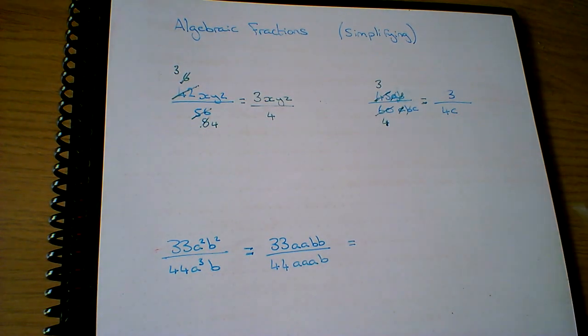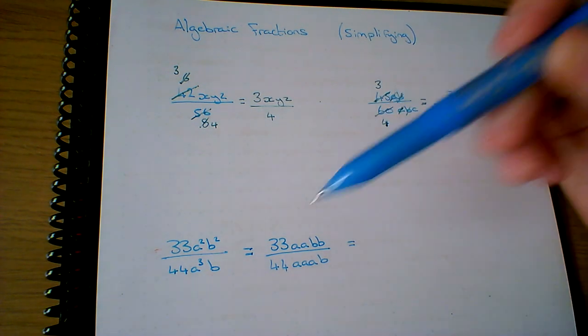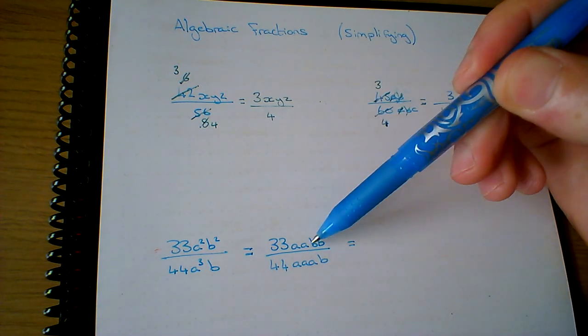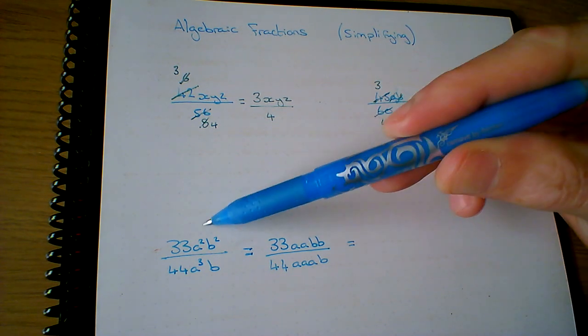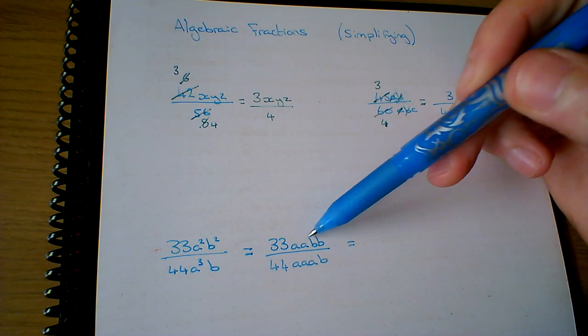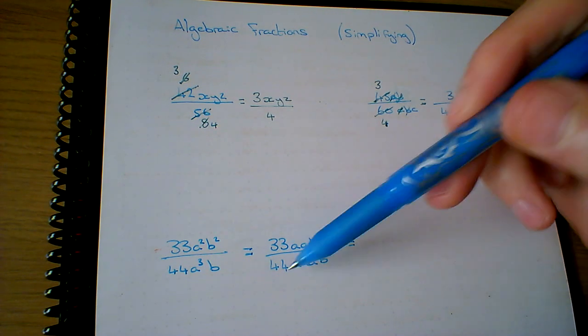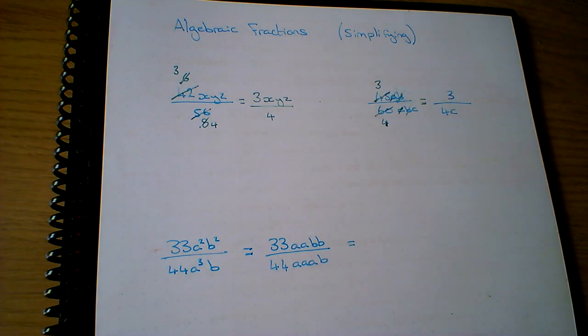Now the reason I've written A, A, B, B is because it's A squared, B squared. So remember, when letters are next to each other, that means that we are going to multiply them. So A squared is A times A, and we multiply it by B squared, B times B. At the bottom it's A cubed, so there's A times A times A. There are 3 A's being multiplied together there. So I've written it out into its individual little terms here.